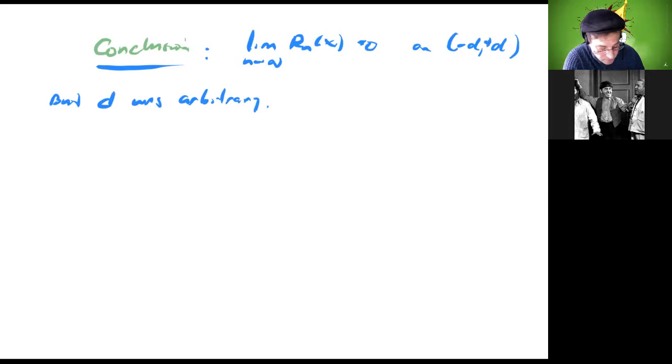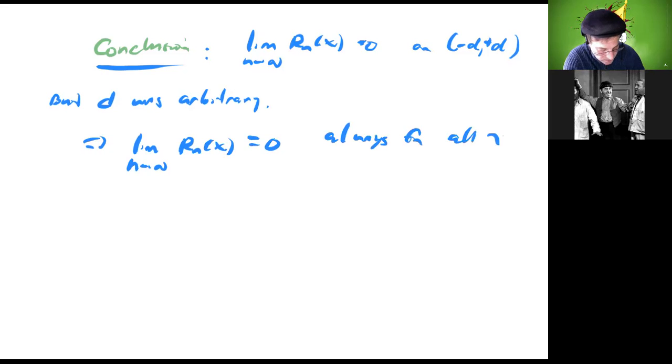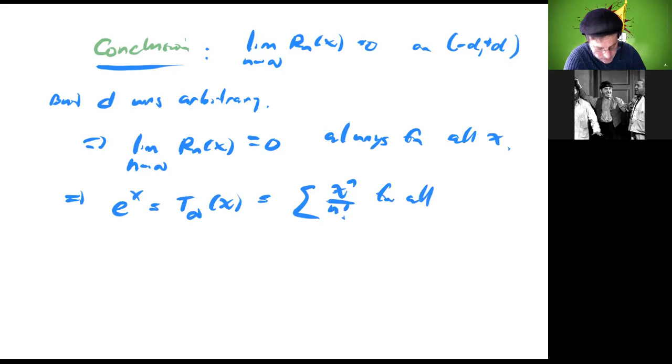So therefore the limit as n goes to infinity of Rn of x is 0 for all x. In other words, that implies that e to the x equals its Taylor series T infinity of x, that is, the sum of x to the n over n factorial for all x.